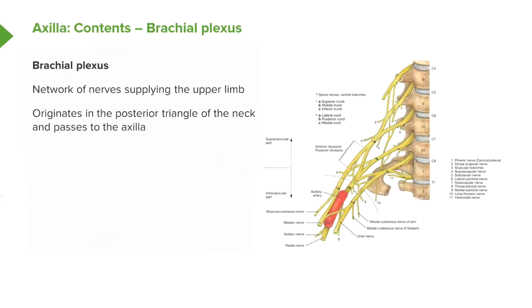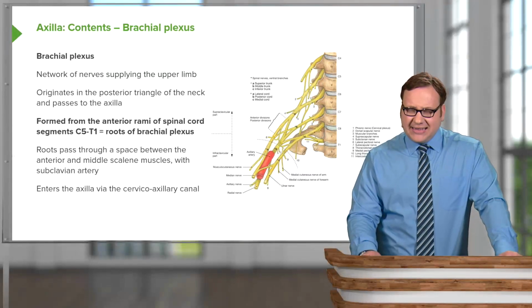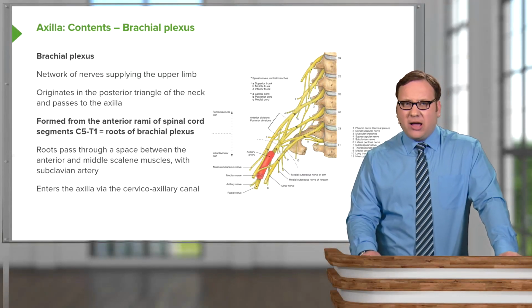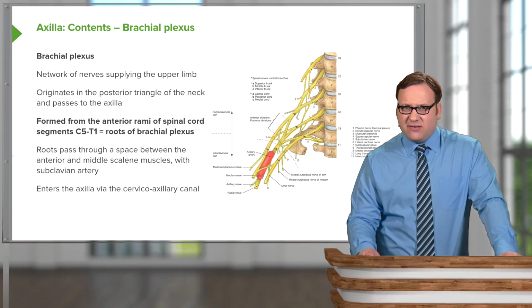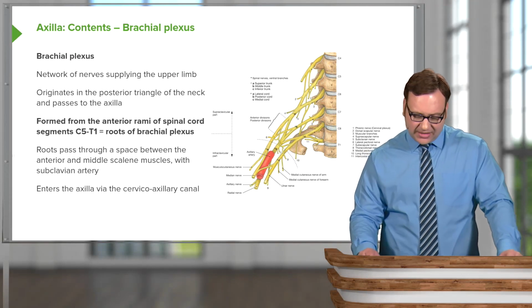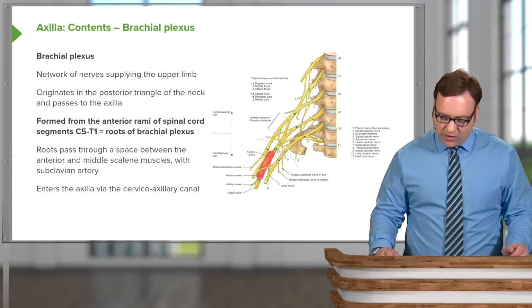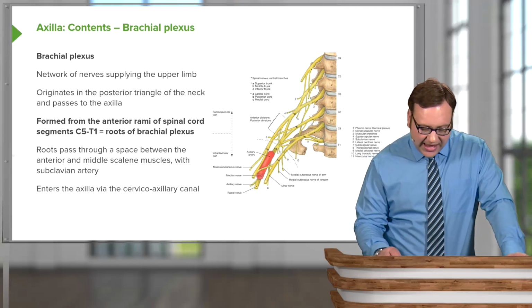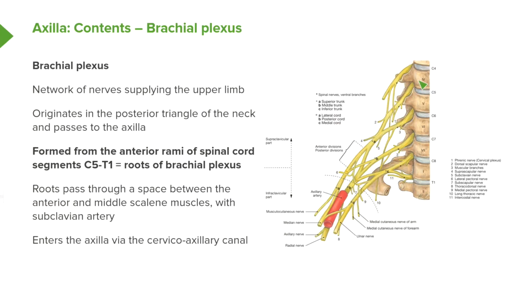The brachial plexus originates in the posterior triangle of the neck, and it passes from here to the axilla. It is formed from the anterior rami of spinal cord segments C5 through to T1. And these are known as the roots of the brachial plexus. So here we can see we've got C5, C6, C7, C8, and T1.